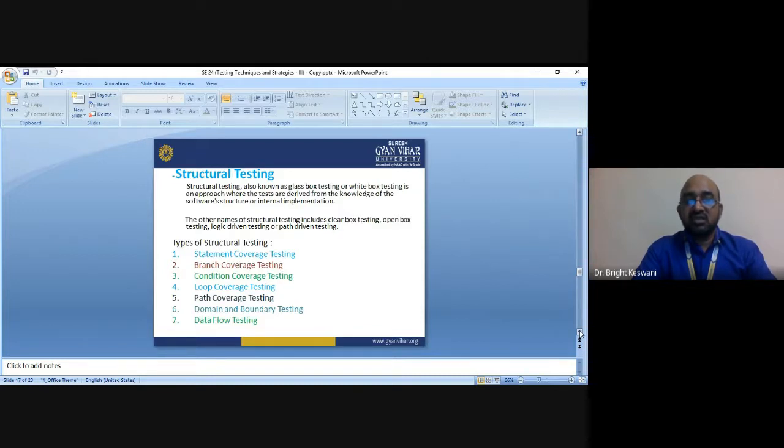Structural testing is related to the software's structure or internal implementation. The other names of structural testing include clear box testing, open box testing, logic driven testing, or path driven testing.